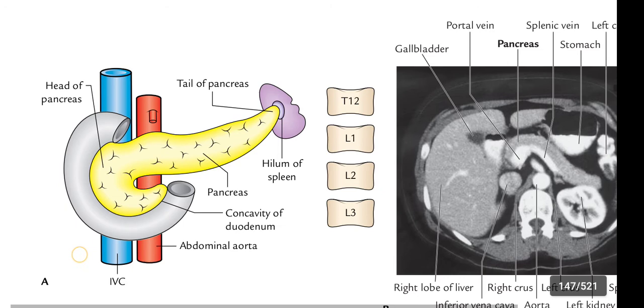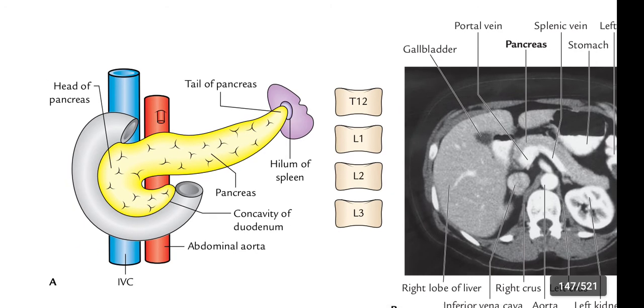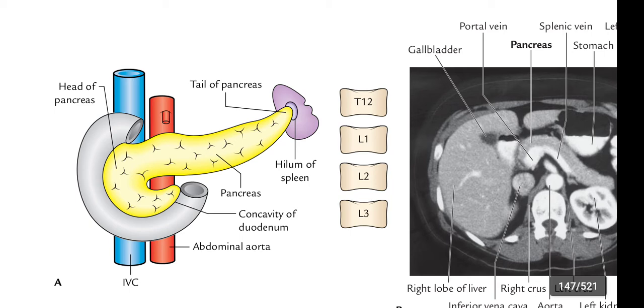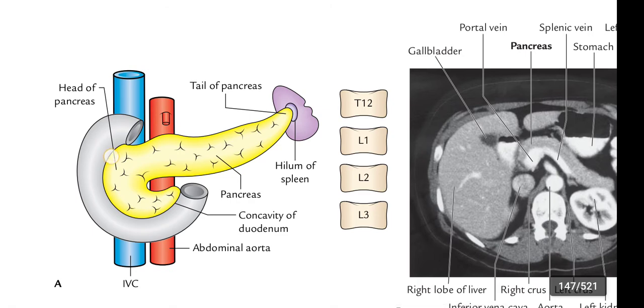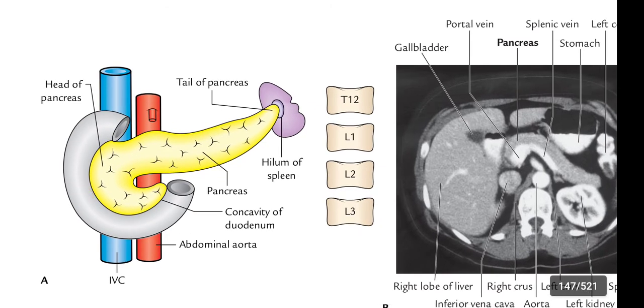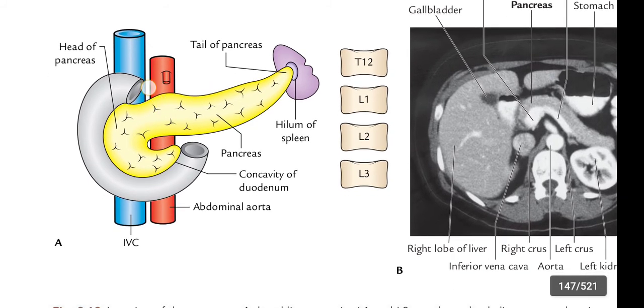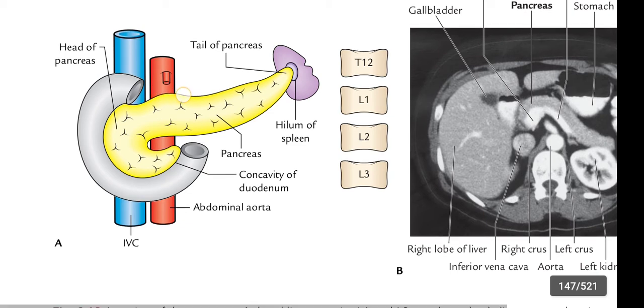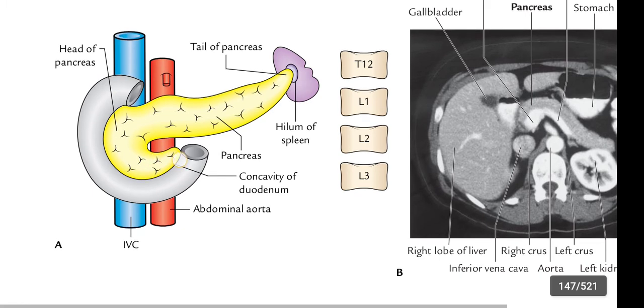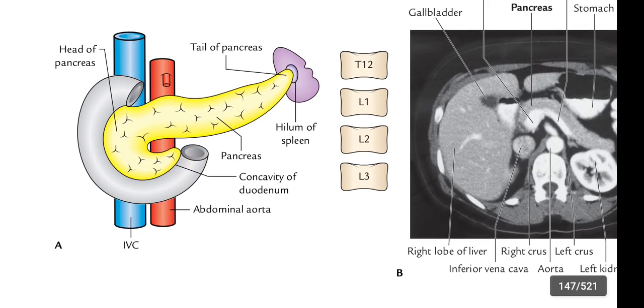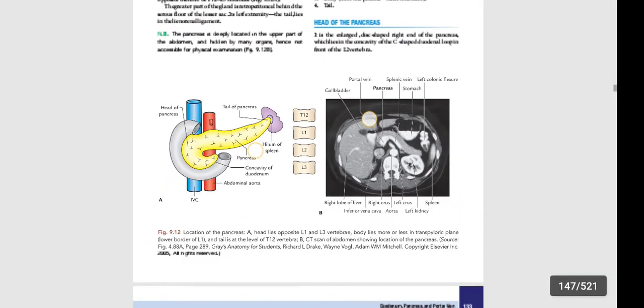This is the inferior vena cava and this is the abdominal aorta. This is the tail, the body, the neck and the head of the pancreas. This is the tuber omentale, the process of the body, and that one is the uncinate process of the head. I think it is clear to you.